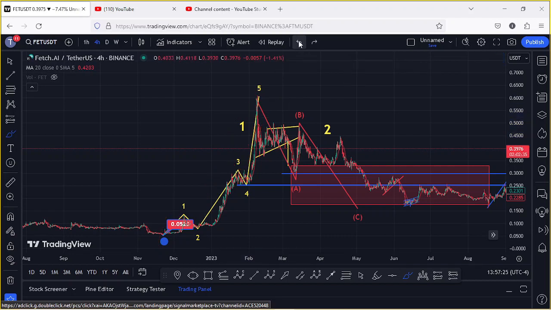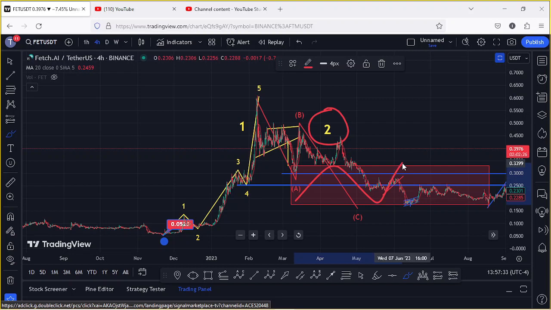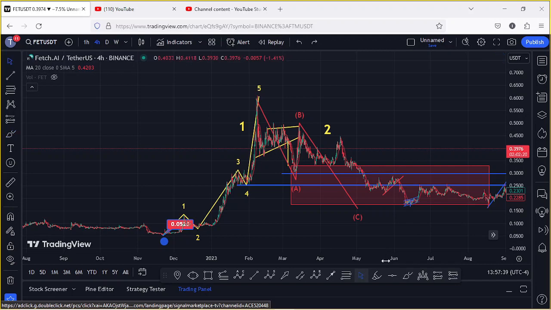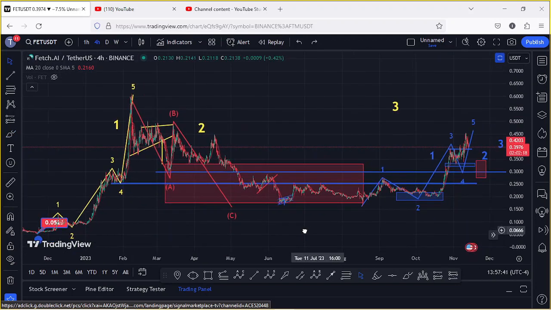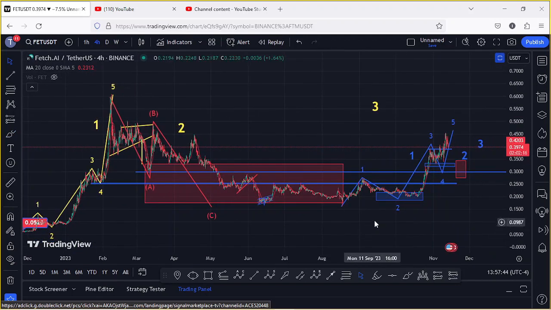Then we started a corrective structure in the formation of this wave 2, with minimum target areas highlighted on the charts using this red target area, which is an area that we have now fully maximized, and there are high chances that in the next coming weeks or maybe months, Fetch AI is going to continue getting impulsive in the start of this wave 3 to the upper side.